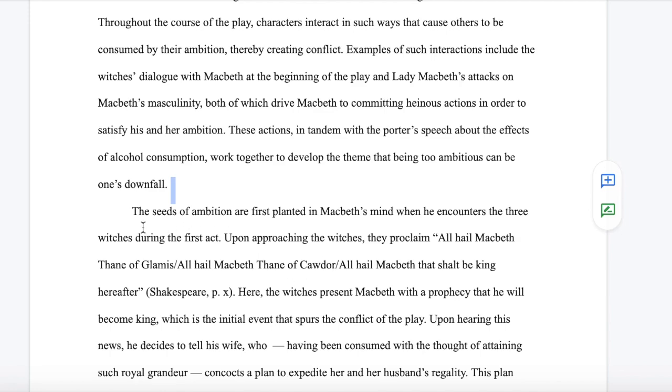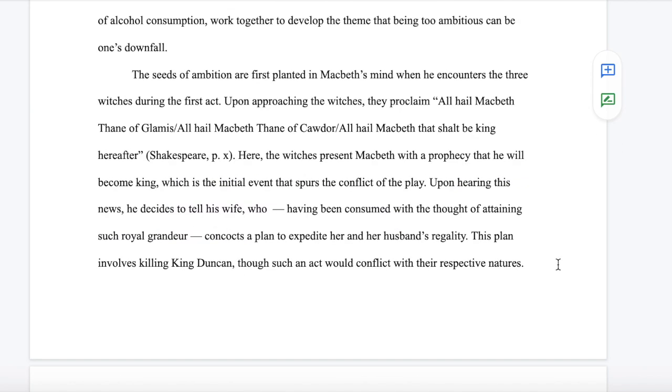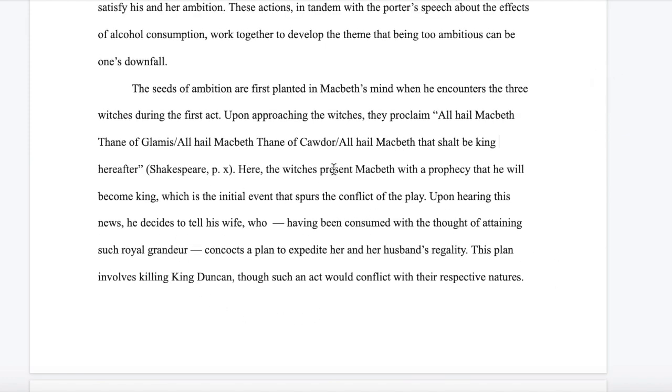And so after you provide the subclaim, or you restate that part of your claim, what you want to do is provide text evidence that either exemplifies what you're saying here or proves what you're saying here.